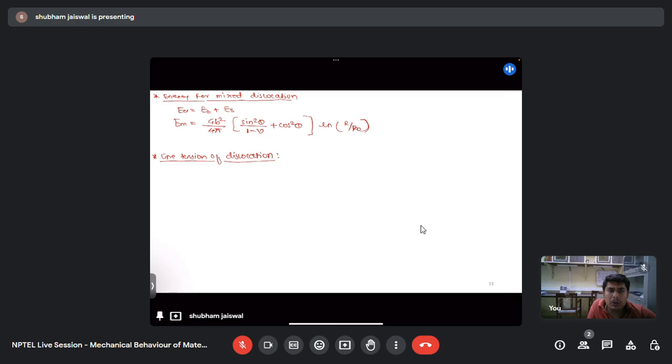Some resistance will be offered which will not allow it to increase its length. If you want to change its curvature or length, then we need to apply a stress in such a way that it overcomes the line tension caused by that dislocation. So this is in brief about the line tension of dislocation.